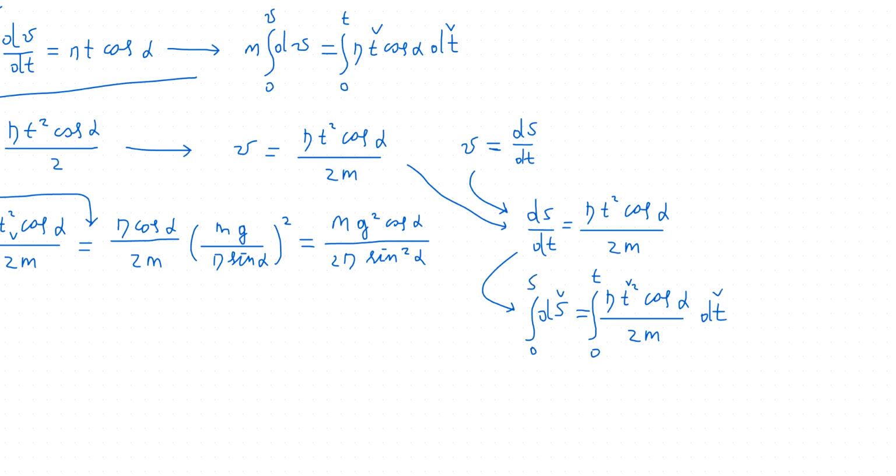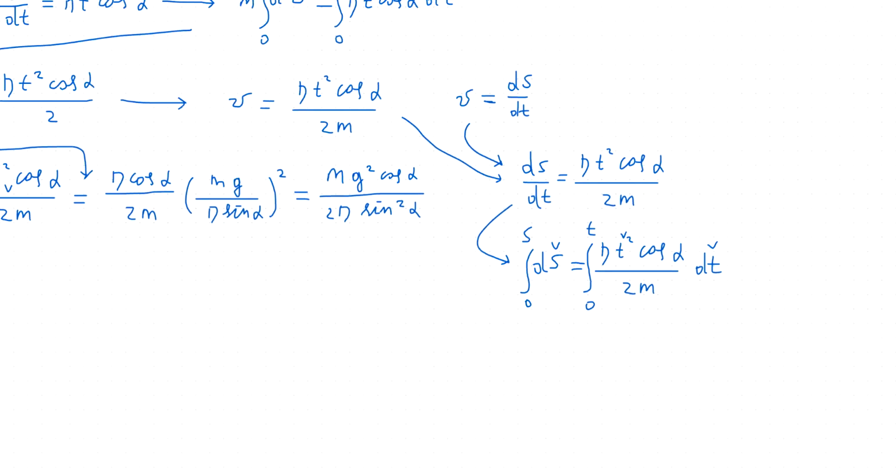Okay, after integration we have s is equal to eta t to the power of 3 cosine alpha divided by 6m.